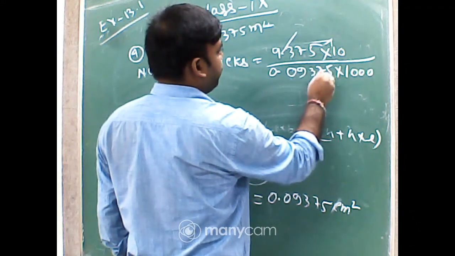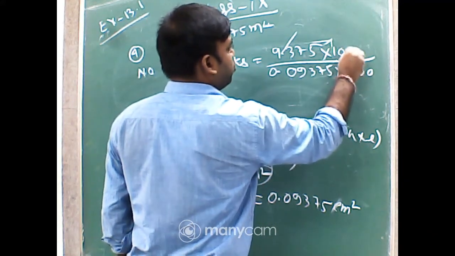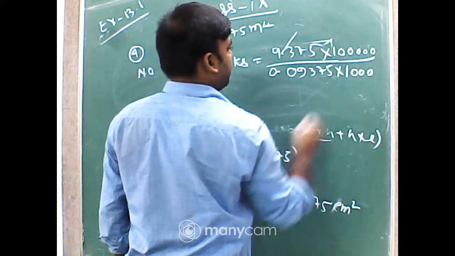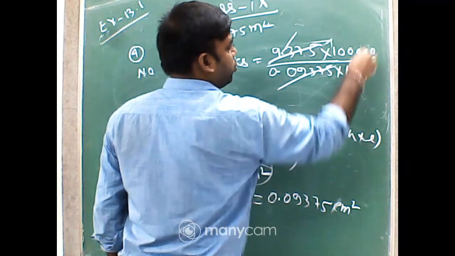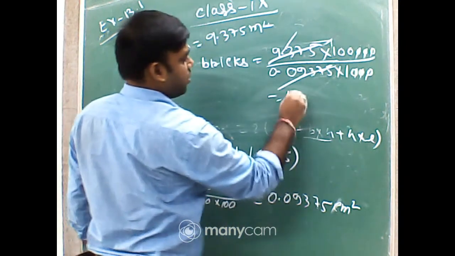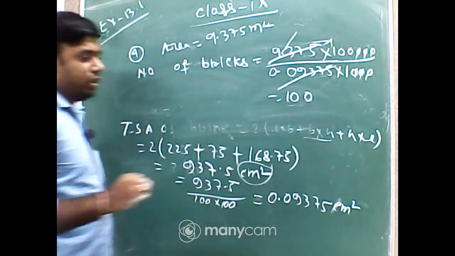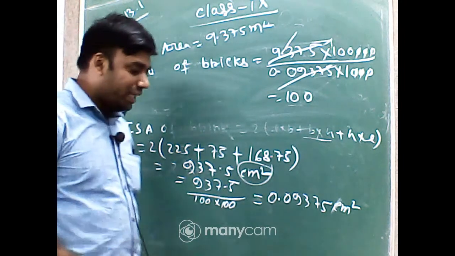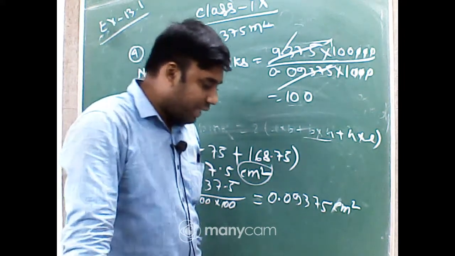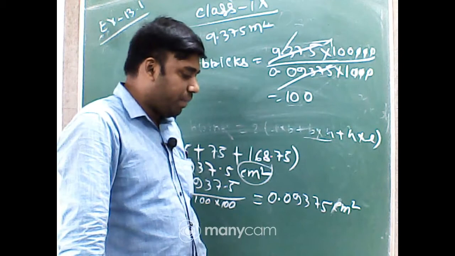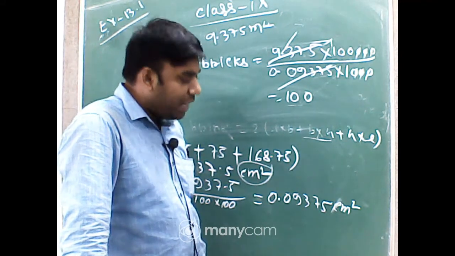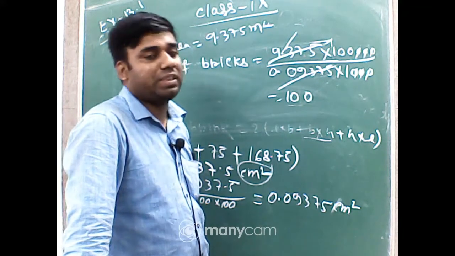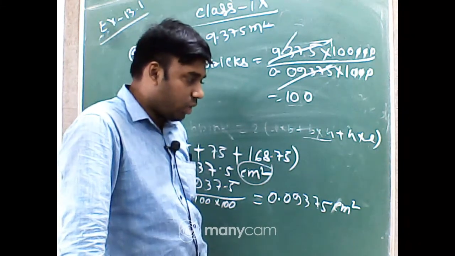So 100 bricks are needed to get that area. So with the dimension 22.5, 10 and 7.5, 100 such bricks can be painted. Got it everyone?